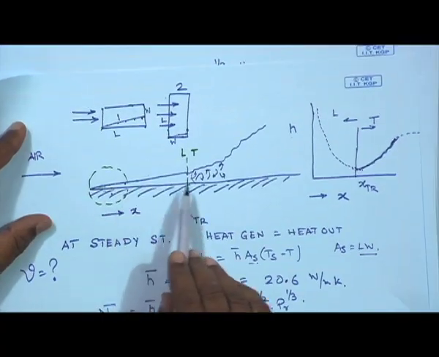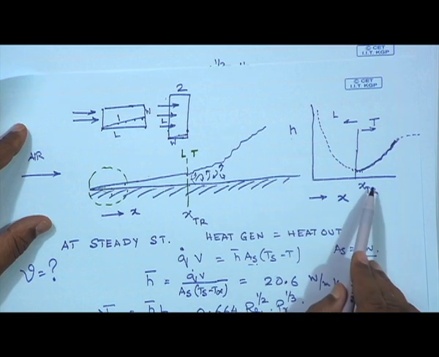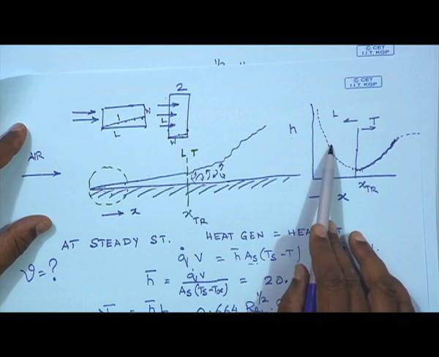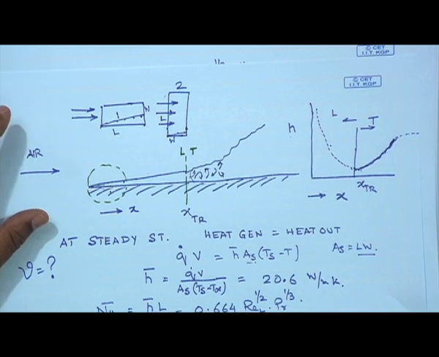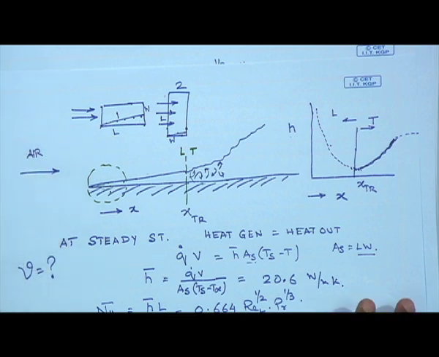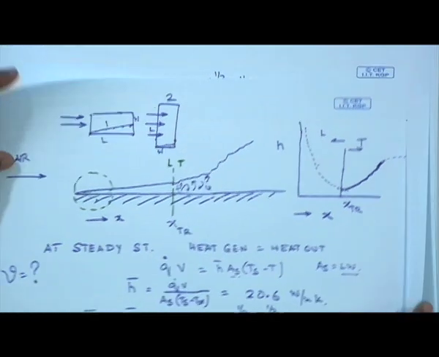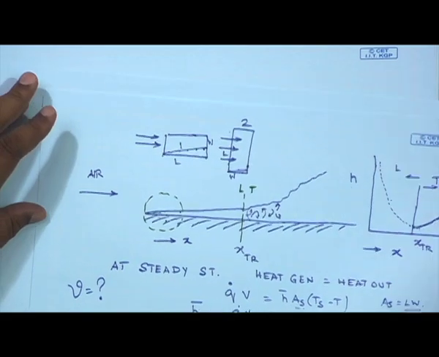So, the purpose of this problem is to give you an idea of how H varies with length, based on whether you are in the laminar zone or in the turbulent zone. So, that more or less completes my tutorials on analogy.